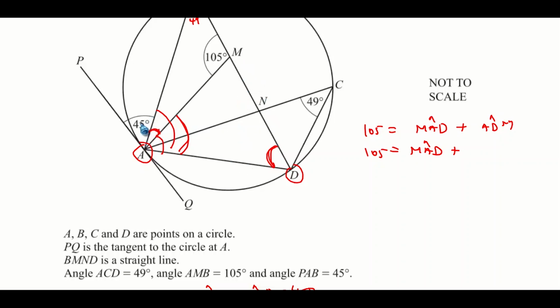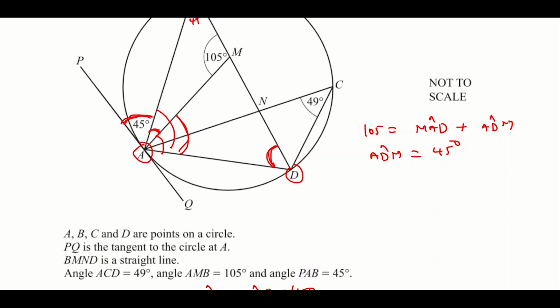If you look at this angle here, the 45 degrees, this particular one, ADM will be equal to 45 degrees. Why? They are angles in the same segment. Sorry, angles in alternate segments.